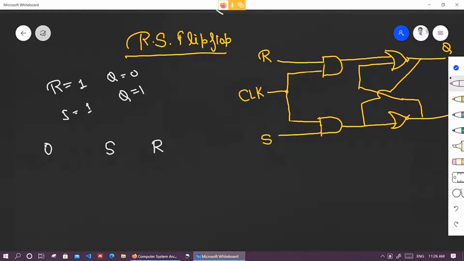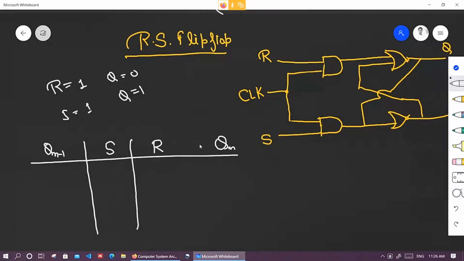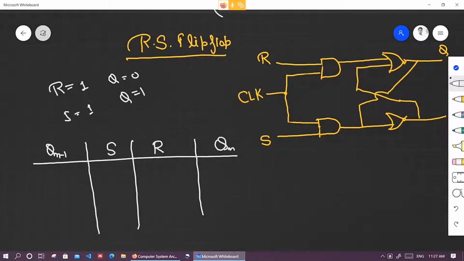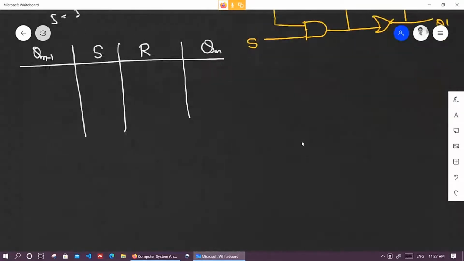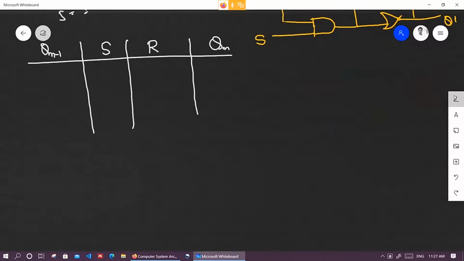R input, Qn minus 1 and Q. So Qn minus 1 is the previous state, and this Q is Qn only. So this is something like this. Fine.